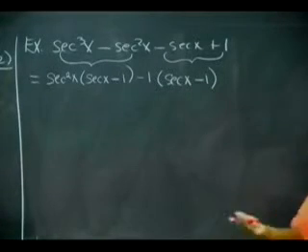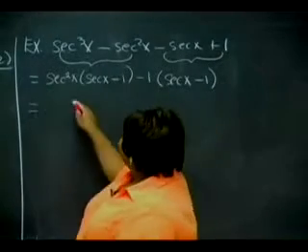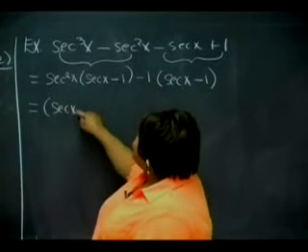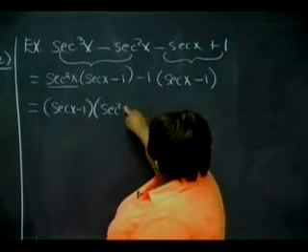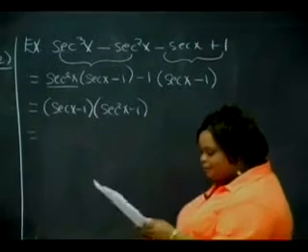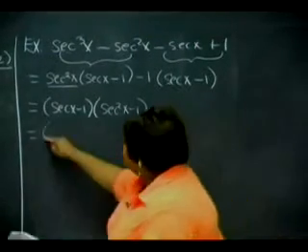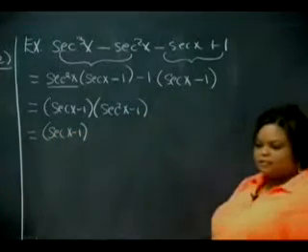So now I have a greatest common factor of secant x minus 1. And what am I left with? Secant squared minus 1. Pythagorean identity, what is that? What is secant squared x minus 1?